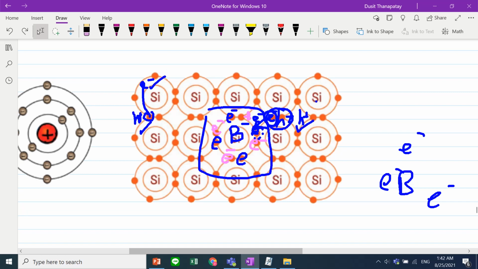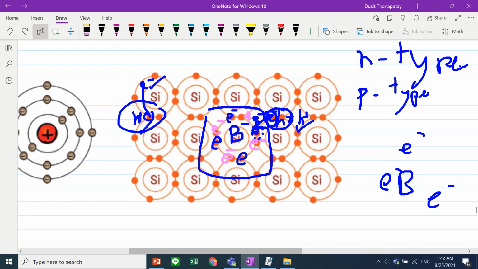This kind of semiconductor is called P-type semiconductor. A P-type semiconductor has a number of holes greater than the number of electrons. For the previous one, the N-type semiconductor, the number of free electrons is greater than the number of holes.